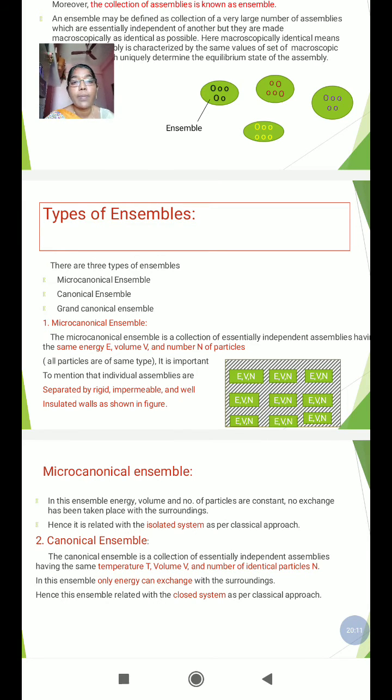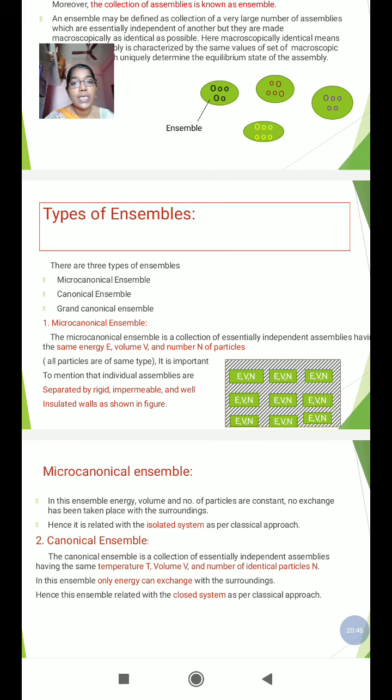same macroscopic properties. What are the macroscopic properties here? Energy E, volume V, number of particles N. These are the macroscopic properties. Okay. So all these systems are separated by rigid, impermeable and well insulated walls. Rigid means there is no chance of transfer of particles from one system to another system. Impermeable means no permission for the particles. Particles cannot exchange from one system to another system.